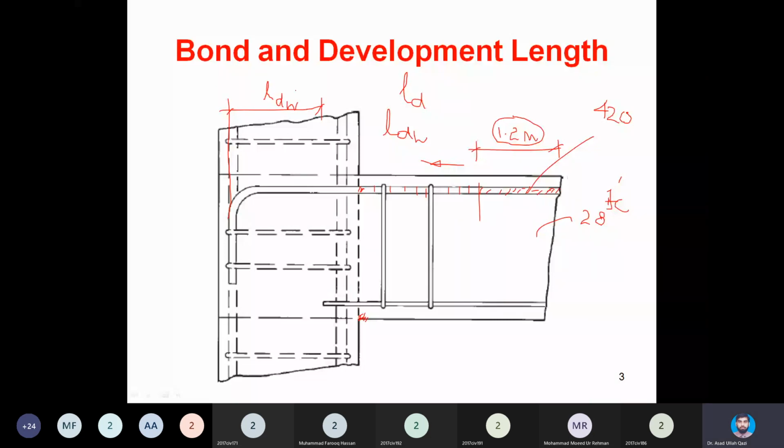Now if this is the LDH, and suppose, just for the sake of example, I am selecting it as 0.3 meter, then it means from this point onward the bar is gripped and I can stress the steel to Fy. At the face of the support, I now have the full assurance that without bond failure this bar can give me Fy.